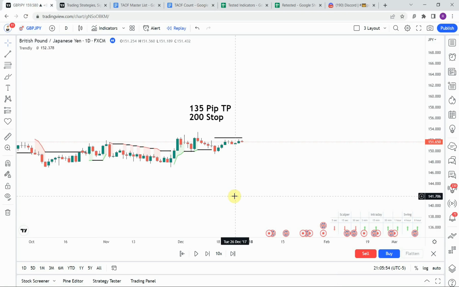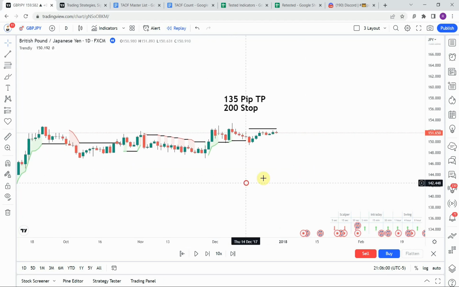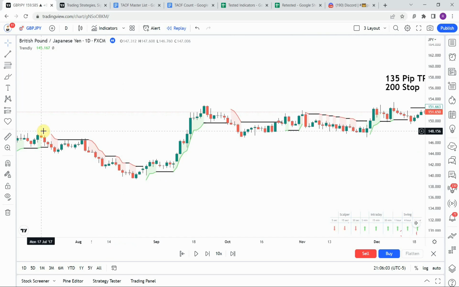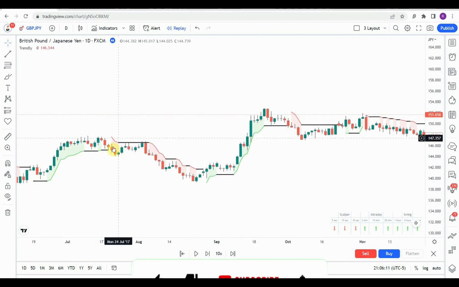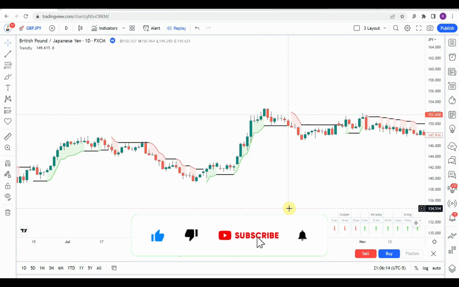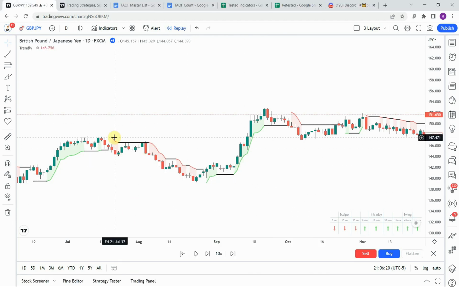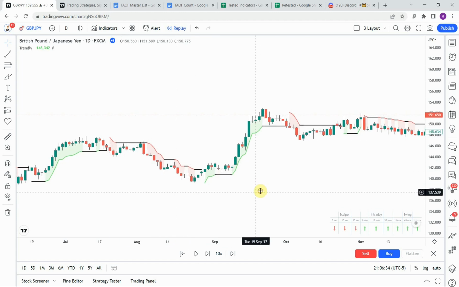Alright, so today we will be testing the Trendly indicator, and you can see it here on screen. The Trendly indicator looks a lot like the Supertrend indicator and a few other indicators that are kind of similar to it. Basically we have this line here, and depending on whether it is calculating the trend to be in a downtrend or an uptrend, that will dictate what color the line is, and whether it is below or above the price action.